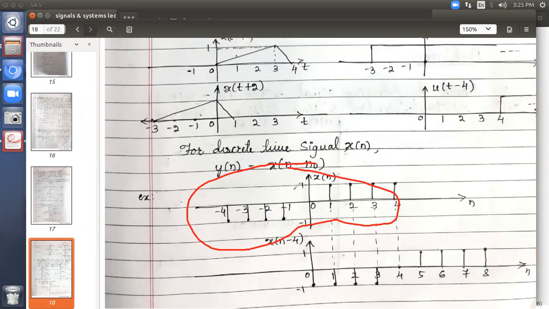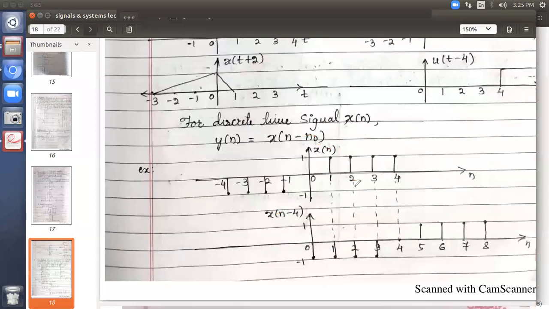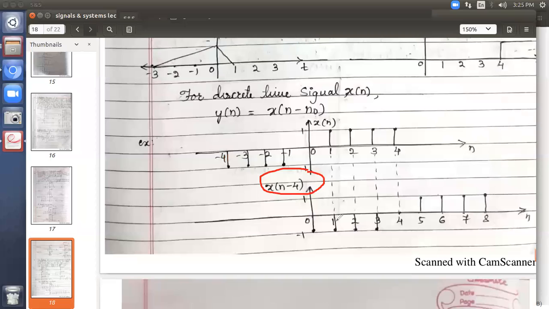should be drawn correctly. If you see here, x of n minus 4, the amount of shift, as it is a negative sign, is to the right side. So what I have done, count it 4 times, 1, 2, 3, 4. So at 0, I have marked this first sample. After this, how many are left? 1, 2, 3. 3 are left. After this, 1, 2, 3. Then a 0 sample.